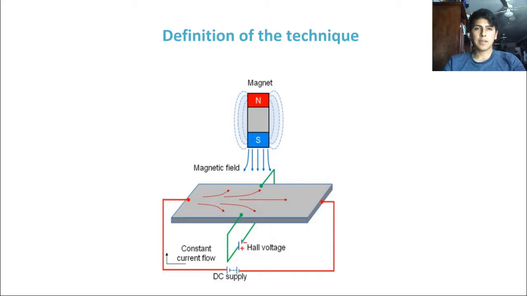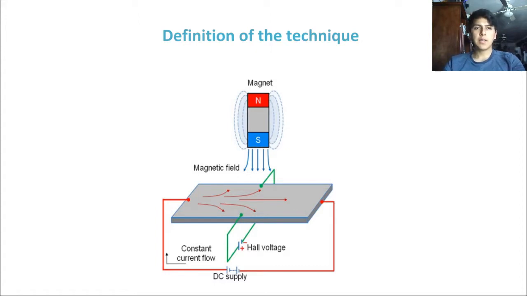is perpendicular to a magnetic field applied by a magnet, and this causes the charge carriers to accumulate in a certain place, generating an electric field.